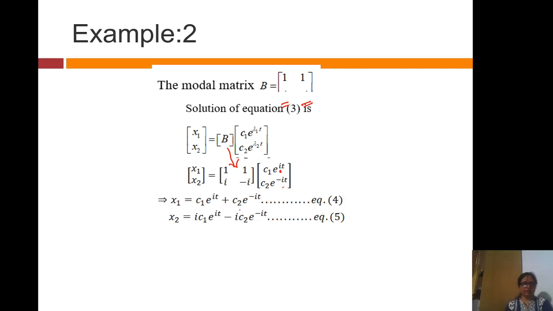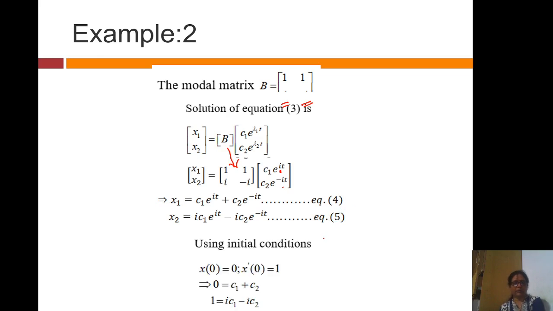Then x equal to c1 e to the power it plus c2 e to the power minus it, and x2 equal to this value, equation number 5. Now apply the initial conditions in equations 4 and 5. If we substitute these values, that means at t equal to 0, x equal to 0, and at t equal to 0, x dash equal to 1.